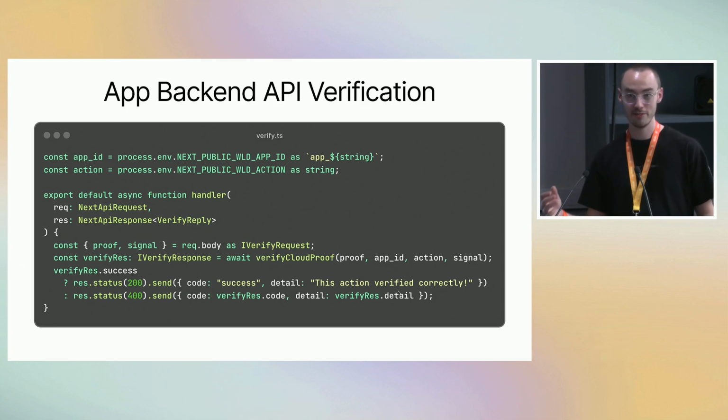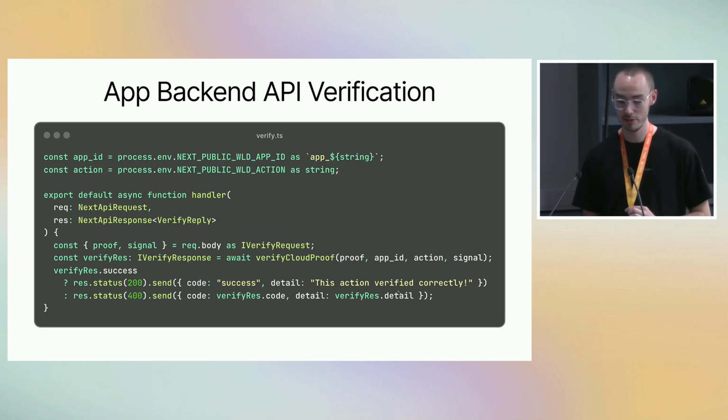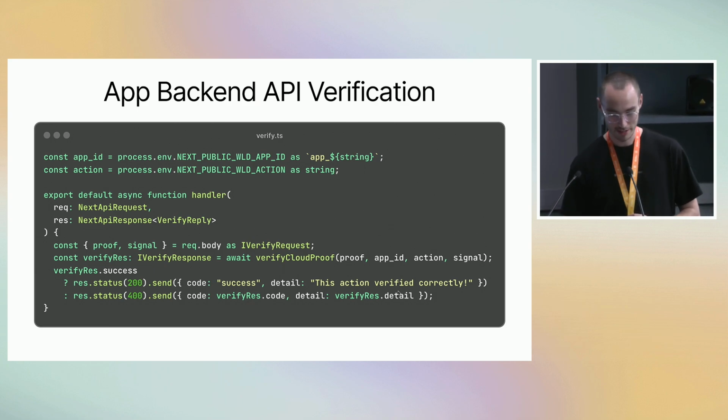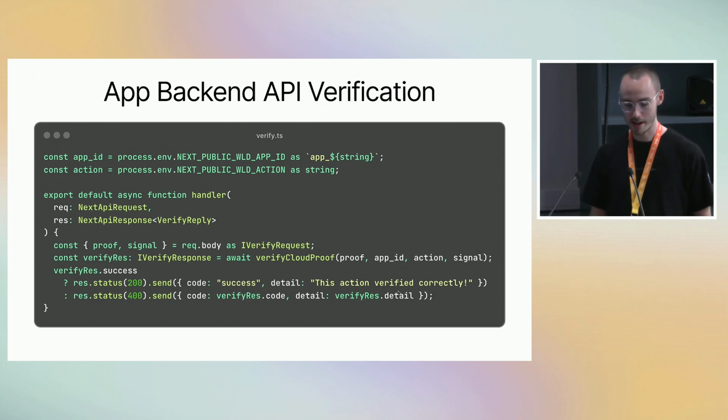And when it comes to verifying that proof, I've said we can do it off-chain and on-chain, and I'll start by describing how we do that off-chain. So in your backend, this again is a Next.js example, we have our app ID and action from our environment variables. We get the proof object and the signal from the front end.